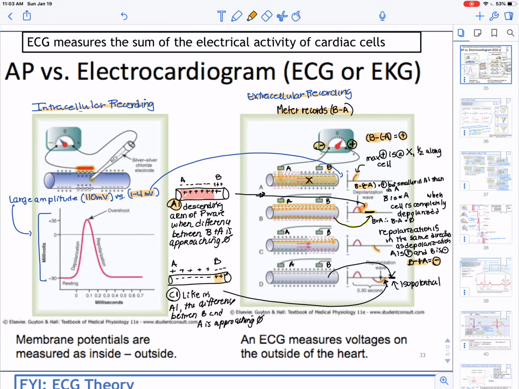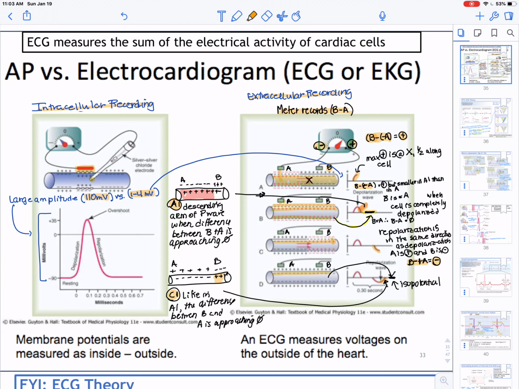And then I've drawn C1, and C1 shows that we're having repolarization, so we're still in the downward direction, but the difference between A and B is getting smaller. And so we're approaching zero.